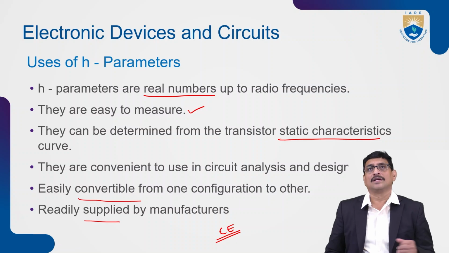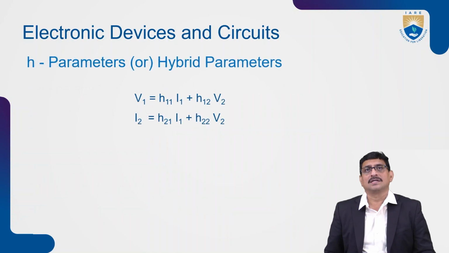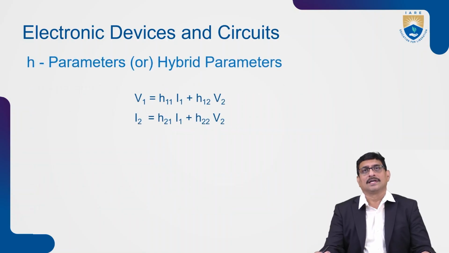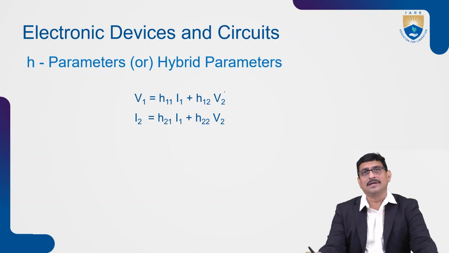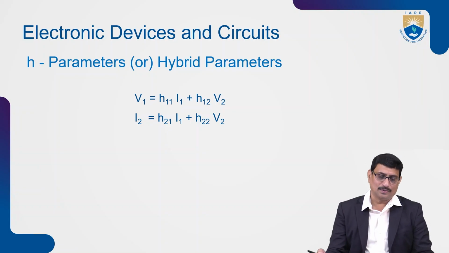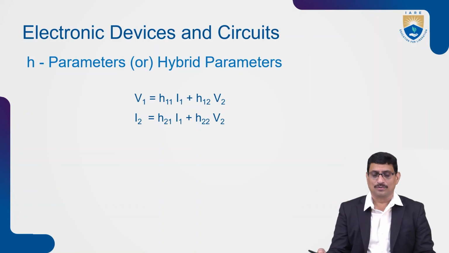There is a reason why a two-port network transistor could be replaced by this H parameter model. Now let us consider the H parameter equations: V1 equals h11 I1 plus h12 V2, and I2 equals h21 I1 plus h22 V2.